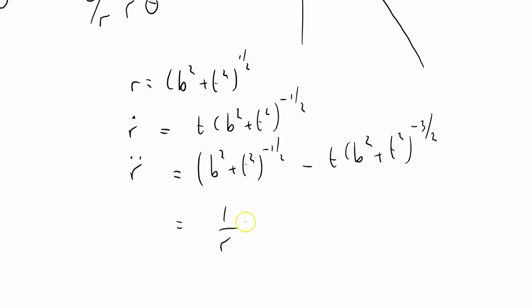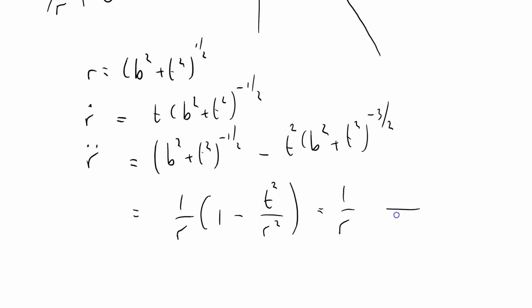I'll just neaten that up a bit. So that's 1 over r times 1 minus t squared over r squared, which equals 1 over r times b squared plus t squared minus t squared over r squared.